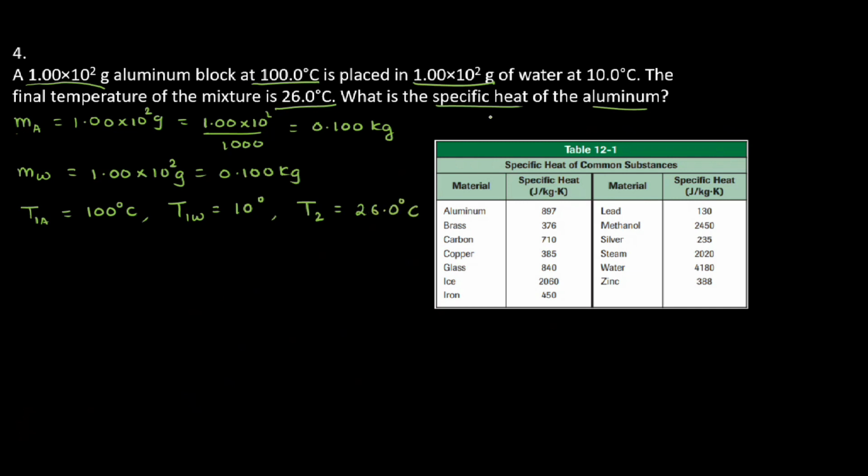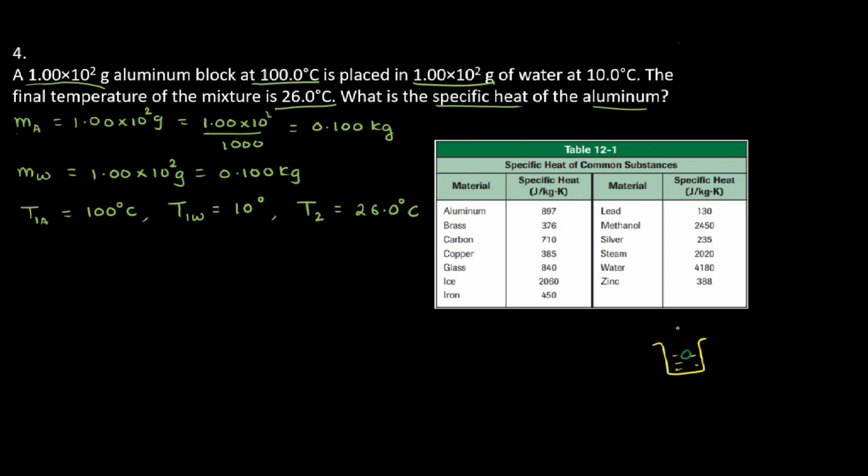We need to find what is the specific heat of aluminum. So if you want to find the specific heat of aluminum, we need to find the heat lost by the aluminum. If I sketch my situation here, you have water and you place a block of aluminum inside the water.